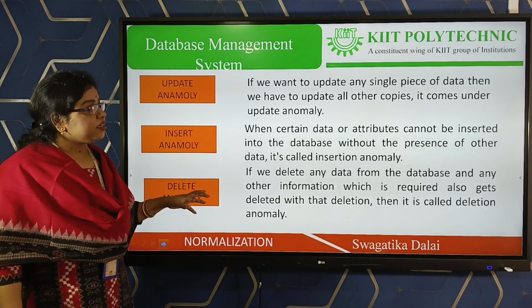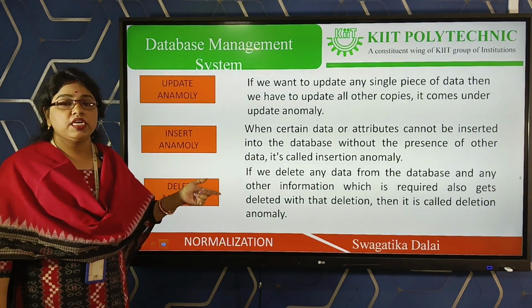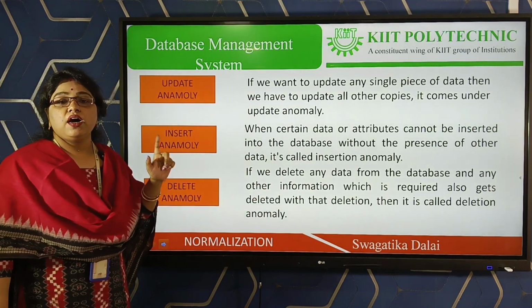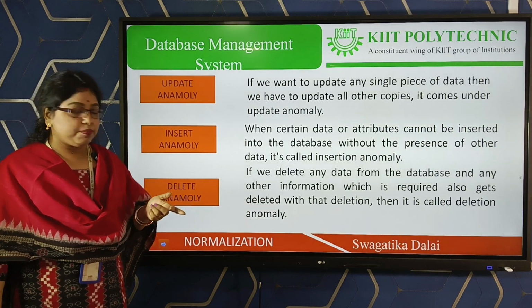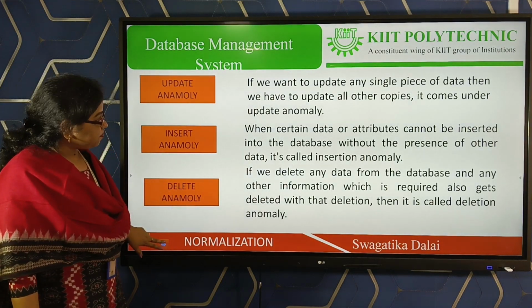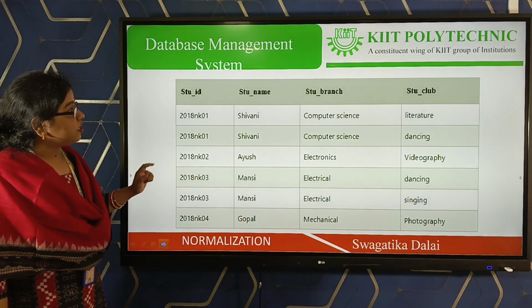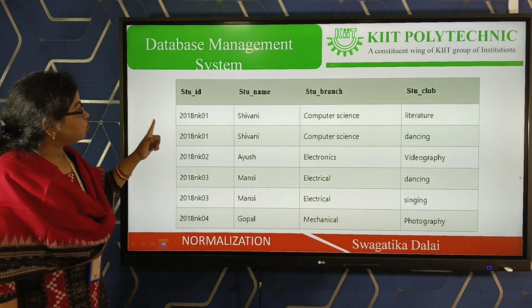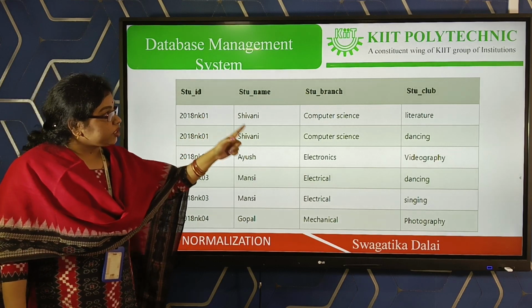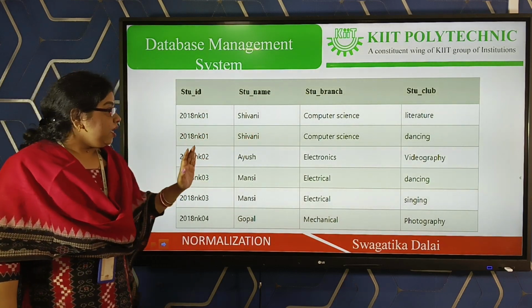And we can better understand these types of anomalies by seeing an example. Let's see. Let's say this is a relational table which has 4 columns, that is student ID, student name, student branch and student club.